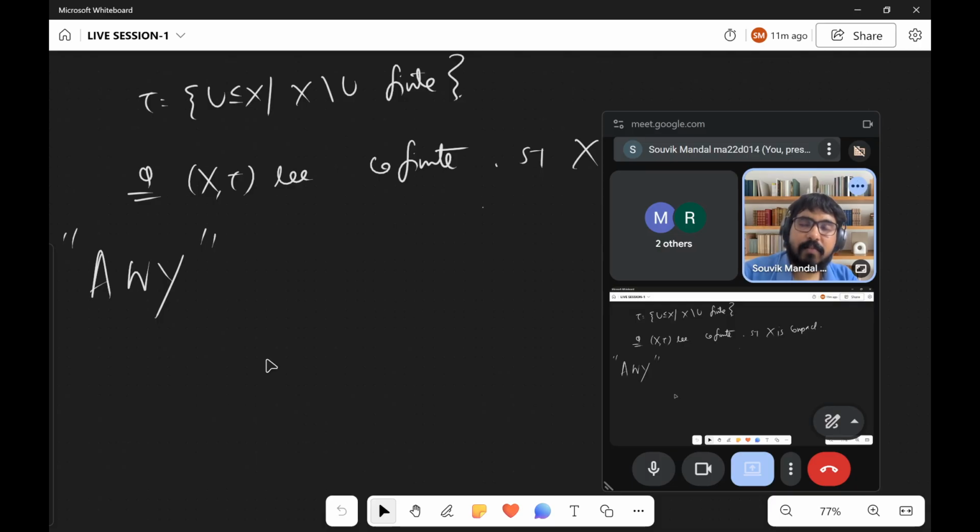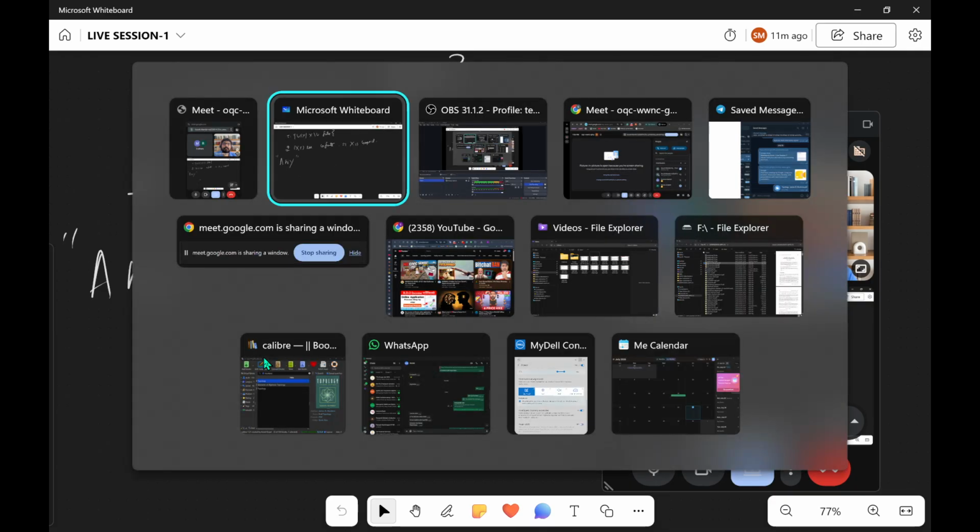You have to show any open cover, you cannot choose something specific, right? Sir, I am taking U1 as X minus x1 and U2 as X minus x1, x2. But this is a particular open cover, correct? Okay, sir.